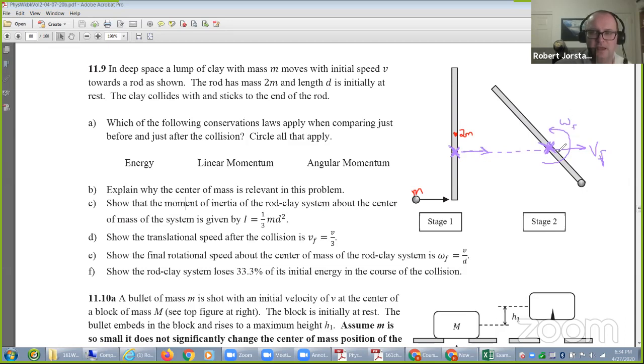All right. And so why is it relevant? Hopefully this makes sense. If you have an object in free space, which this one is, deep, far from planets and anything else, it will rotate about its center of mass. If you don't believe me, take something weird that's not going to injure someone, that's got a weird shape.